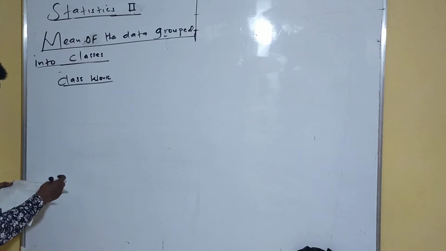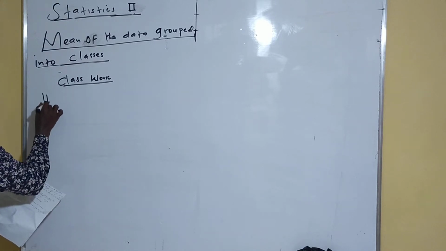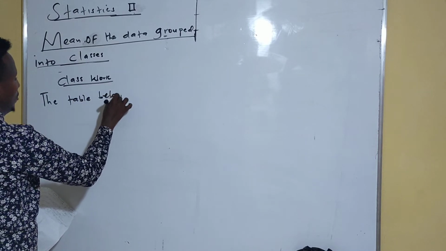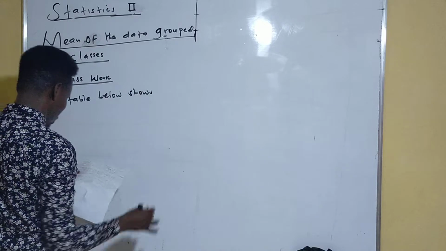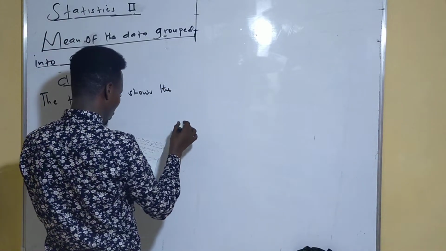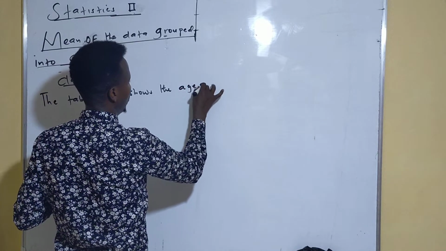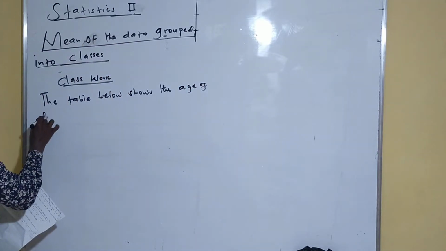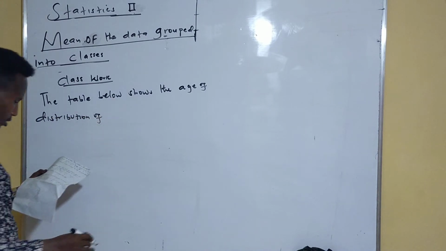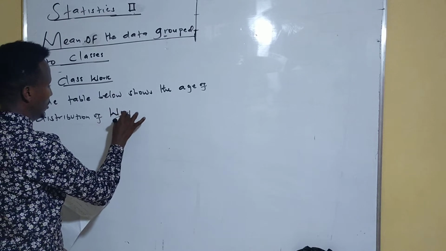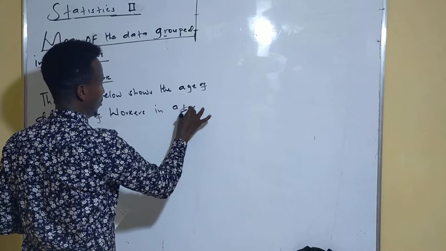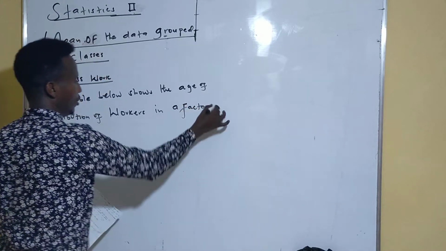You are told the table below shows the age distribution of workers in a factory.